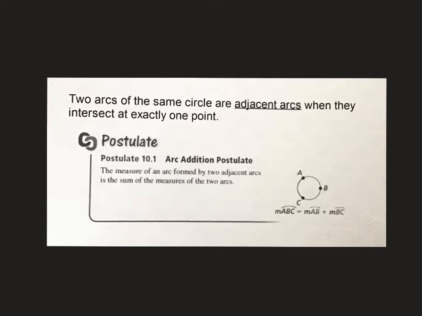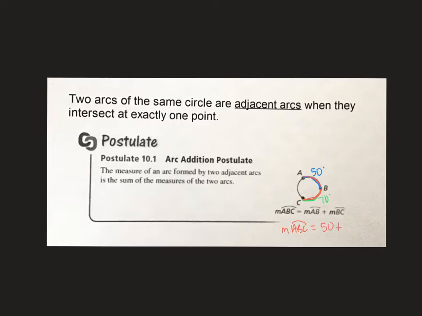Exact same thing here. So if we need to know the entire value of that major arc ABC, and we know that arc AB is, let's say, 50 degrees, and we know that arc BC is, say, 70 degrees, then to find that whole arc ABC, we can just say, well, measure of arc AB is 50.